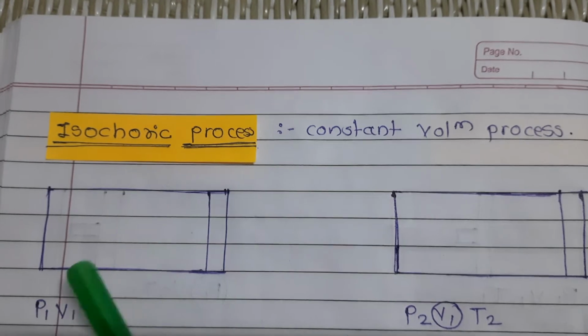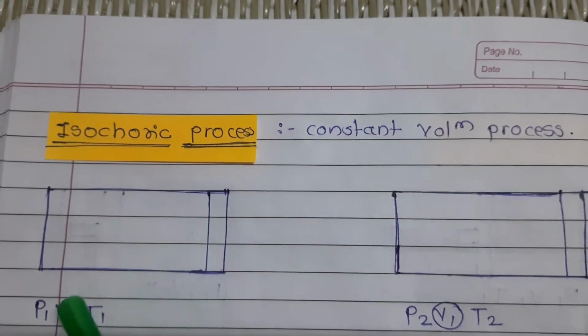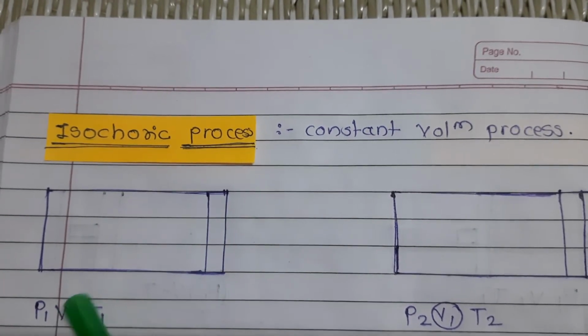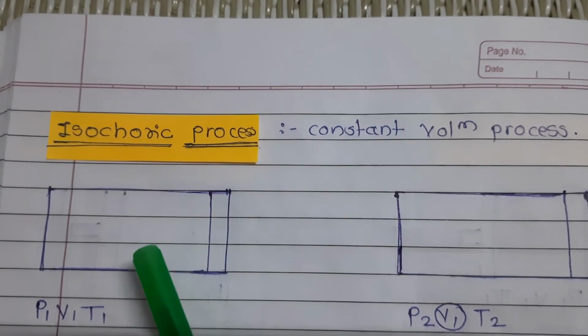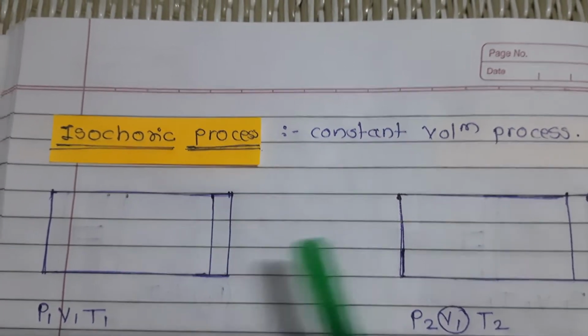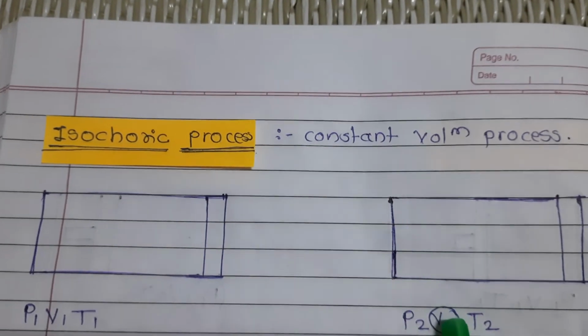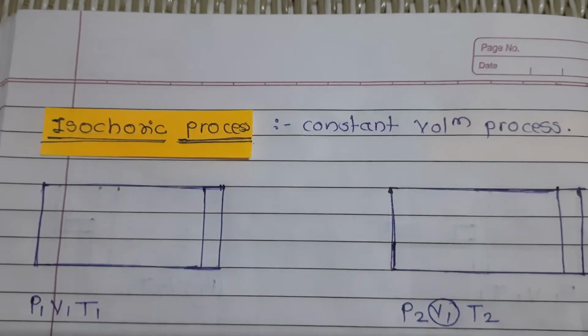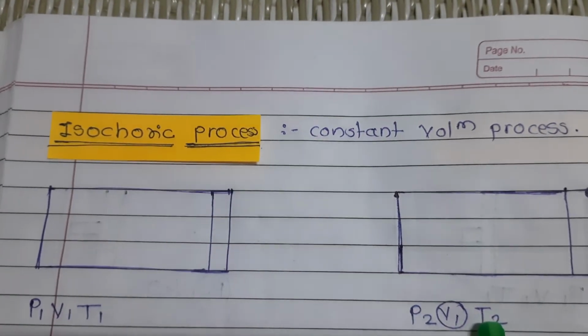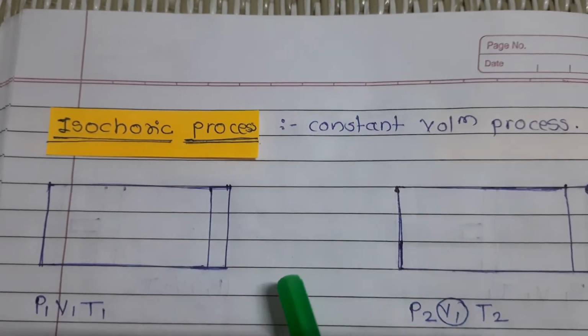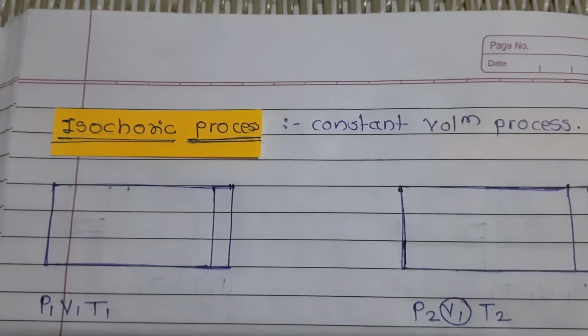But P1, V1 and T1, these are the initial states. V1 remains constant, pressure becomes P2 and temperature becomes T2 in the isochoric process.